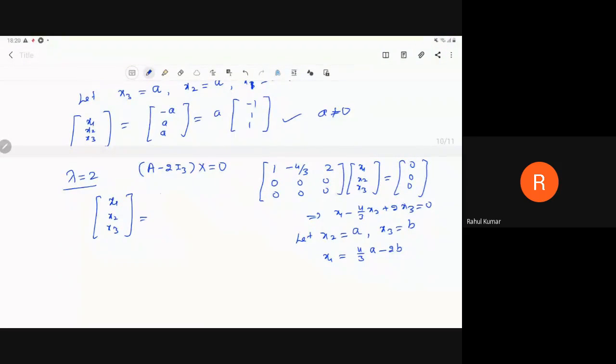So what is your eigenvector finally? x1 is 4 by 3 a minus 2b, x2 is a, x3 is b. Let's separate these constants. We will say something interesting. I can write this column matrix as two column matrices: a times (4 by 3, 1, 0) plus b times (minus 2, 0, 1). Is it clear?